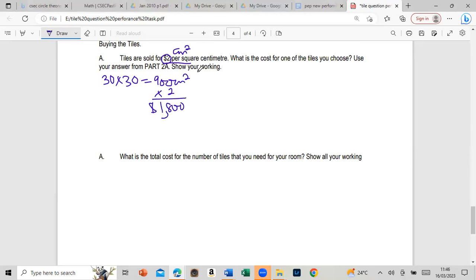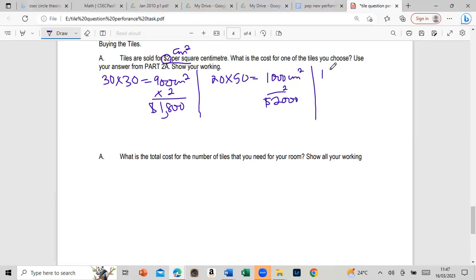So try learning the lesson. What was the area for the next one? One was 20 by 50. That one is going to be more expensive. So that would be 1,000 square centimeters. You're going to pay $2 for each square centimeter, so that gives you $2,000. And the next one, I think it was 15 by 20.